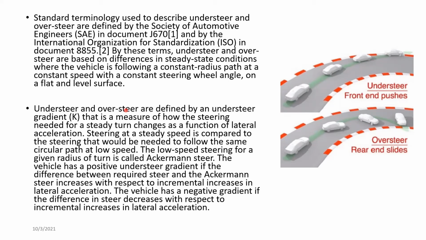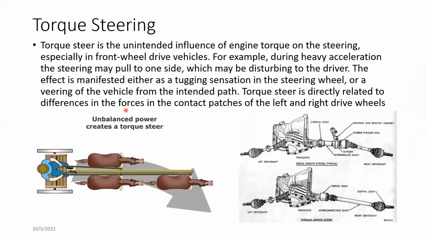If the power is delivered to the front wheels, those vehicles tend to have understeer. If the power is delivered to the rear wheels, they tend to have oversteer, because they can lose the rear grip very soon. But the front wheels have a different problem, which we discussed earlier as well, known as torque steer, right?